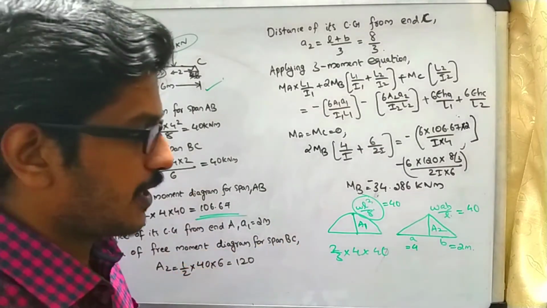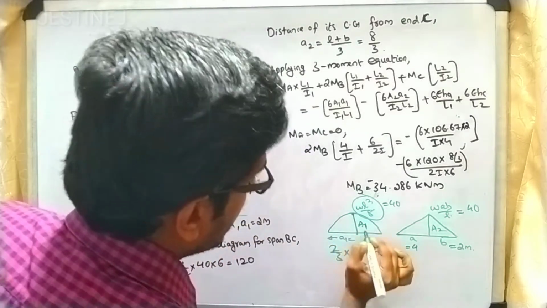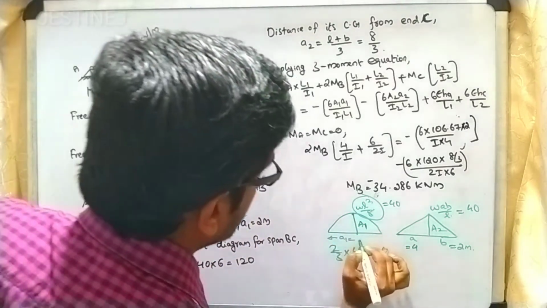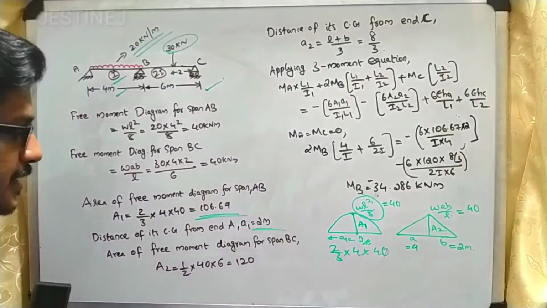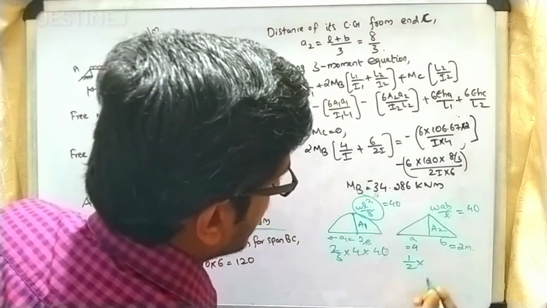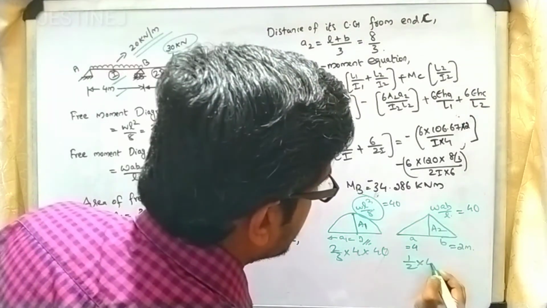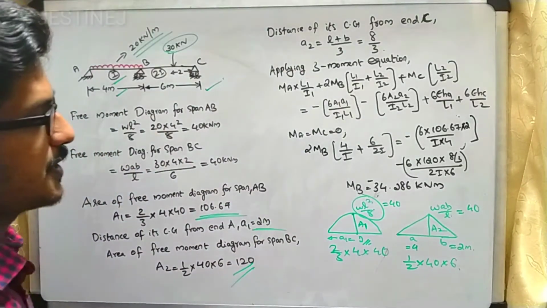Then calculate the center of gravity distance, that is the span by 2, which is 2 meter, also written here. Then for the second area, it is a right angle triangle, half multiplied by 40 multiplied by 6, so you easily get 120.